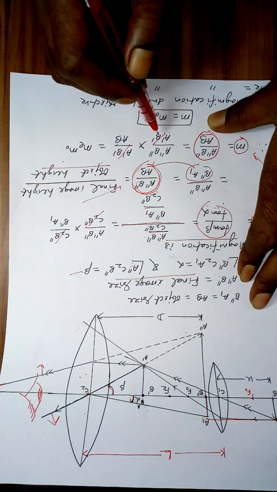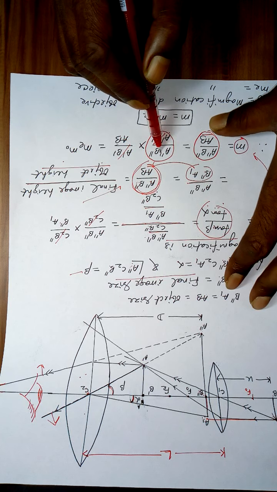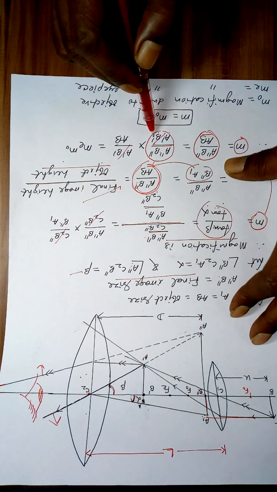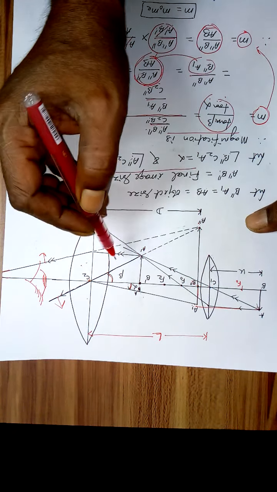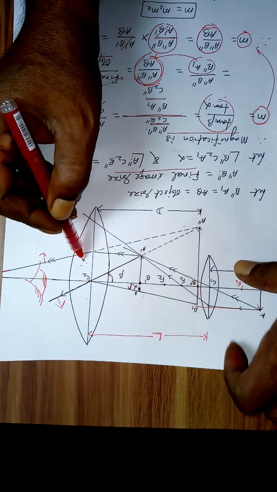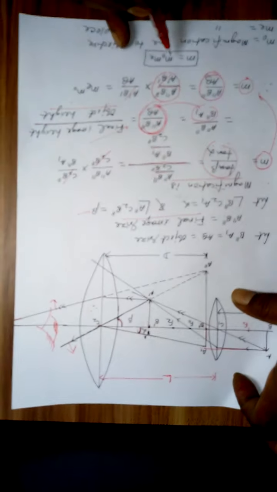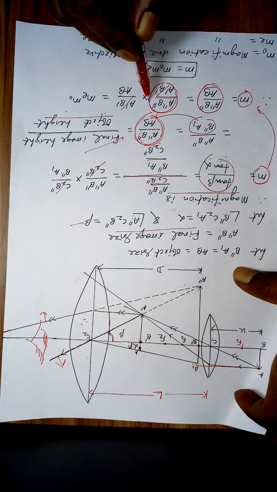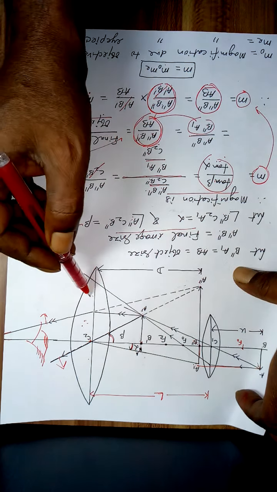By doing so, what do we get? Now look at this. A double dash B double dash over A dash B dash. For this lens, this is nothing but image size by object size. So this much is the magnification due to the eyepiece.